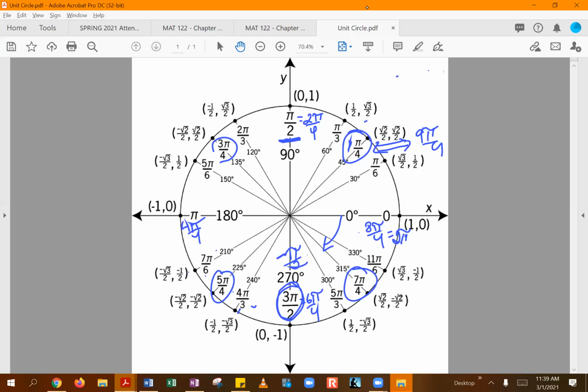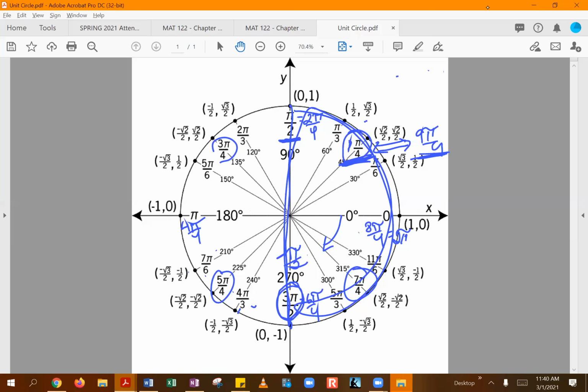So you are actually looking at the first and the fourth quarter of your unit circle. So you're actually looking at this first quarter. So now I ask you that question again. Is 9 pi over 4 between negative pi halves and positive pi halves? Yes, it is. Because right here you can see where your 9 pi over 4 was equivalent to pi over 4.